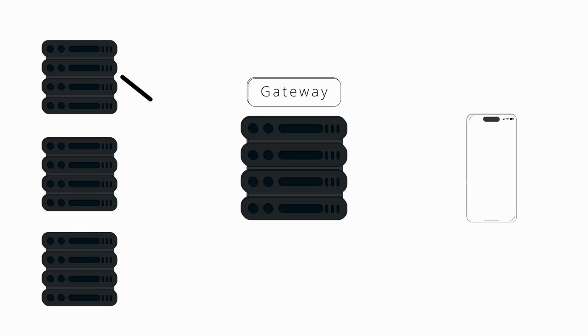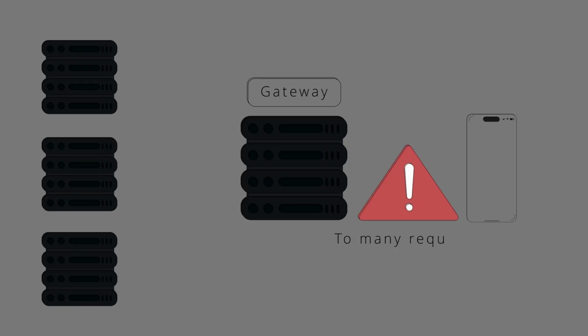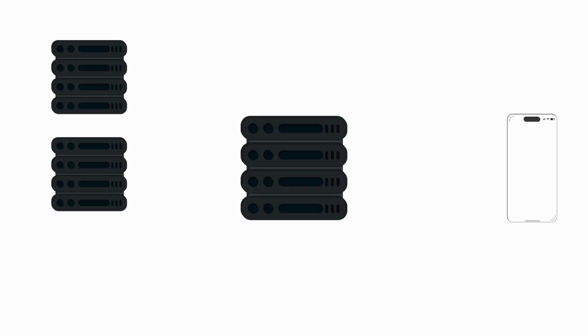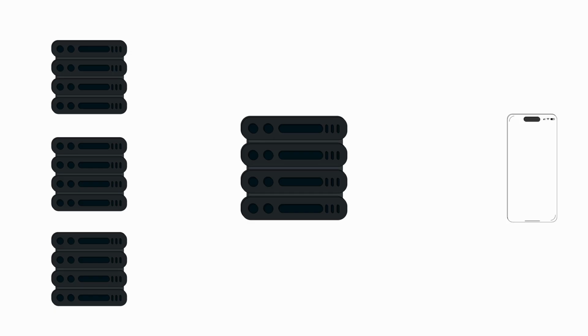The gateway is responsible for routing the request to the right service, handling authentication, and even rate limiting to protect the system from overload. It can also act as a translator, receiving a simple REST request from the web and turning it into fast gRPC calls for our internal services. This way, the client stays simple while our backends stay powerful and decoupled.